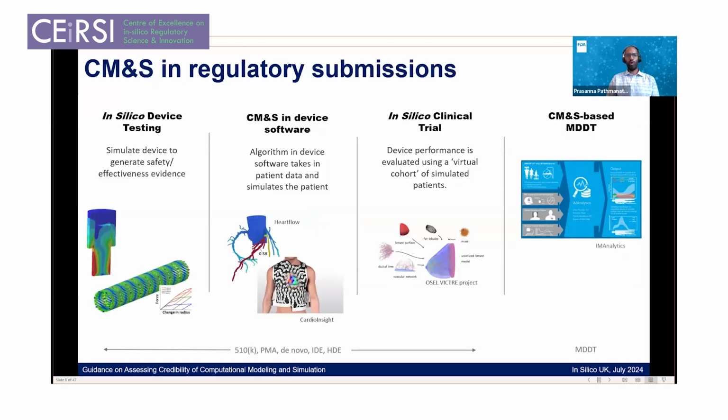Let's talk about how computational modeling and simulation is actually used in device regulatory submissions. On the left-hand side is the traditional application, the most established application, where we have a computational model of a device that's developed that can then be simulated to address some kind of question of interest about the device.